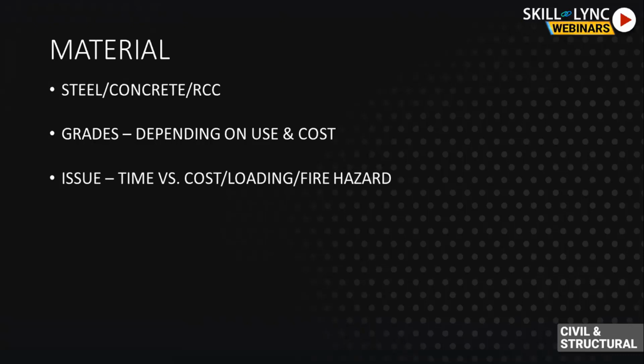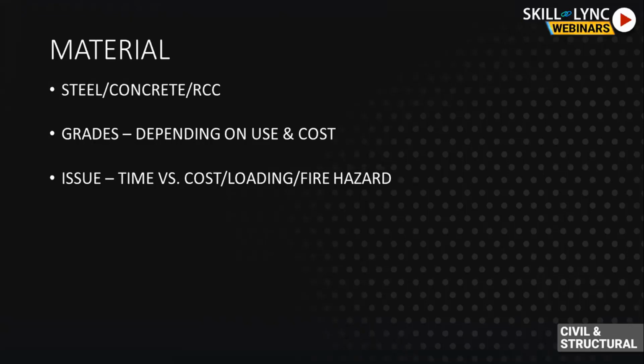How do we decide which grade to choose, which material to choose? It is different from project to project. It is dependent on the time involved for the project to get completed. It depends on the cost involved in the project. It depends on the fire hazards.